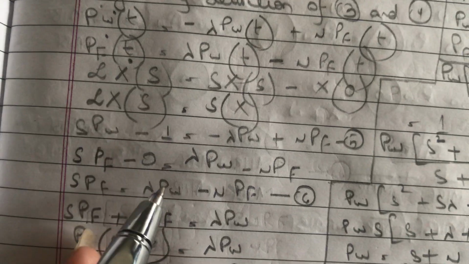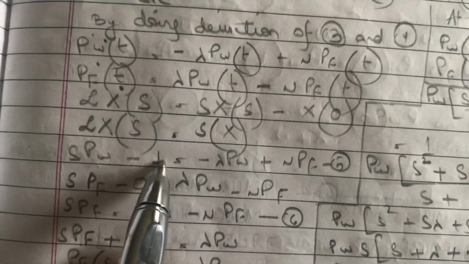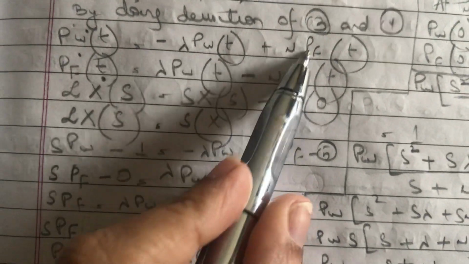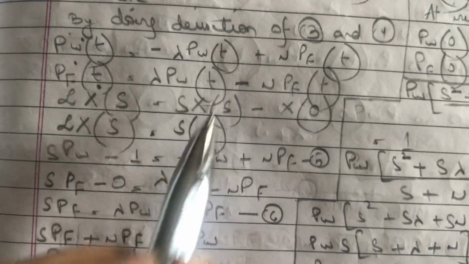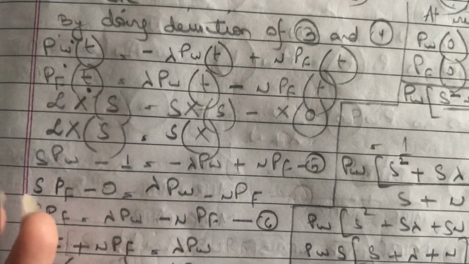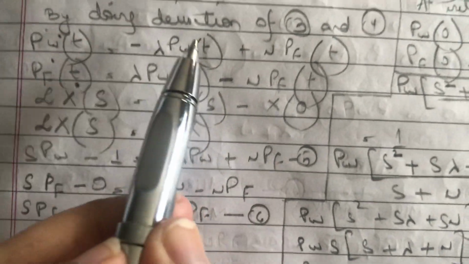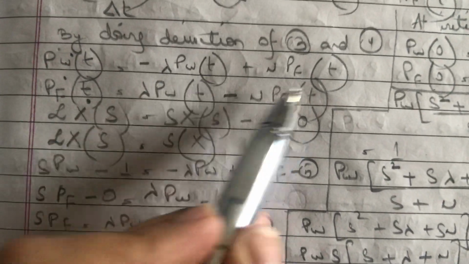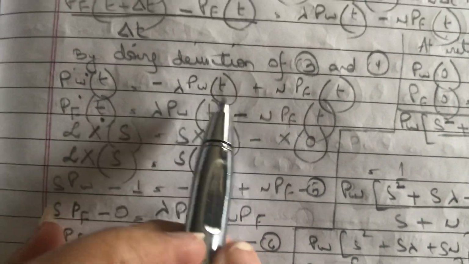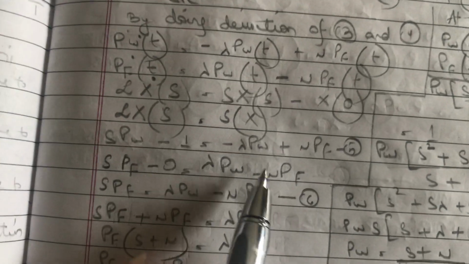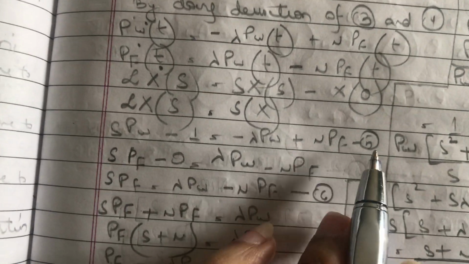So that's why we keep 1 here. The other things remain the same, and we are going from the time domain to the s domain, so this time is neglected, it would be removed. And we name it as equation 5.